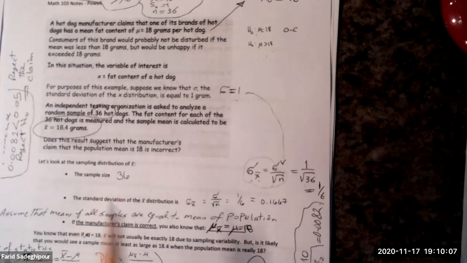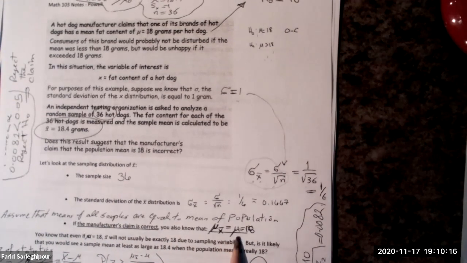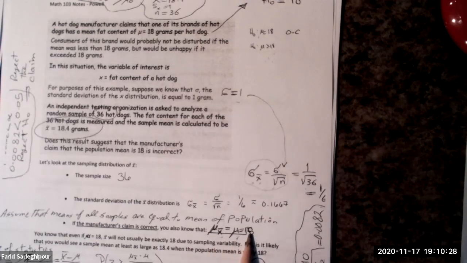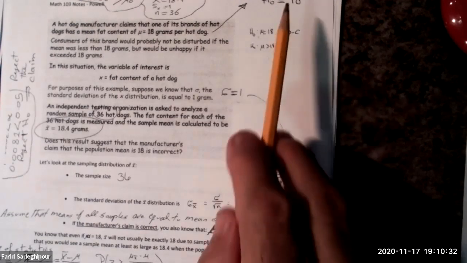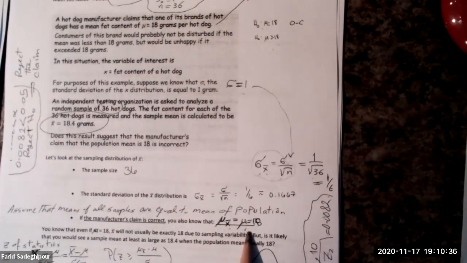Sample size is 36. Assume that means of all the samples are equal. Remember, the mean of samples is always equal to the mean of the population. So we don't have to calculate the mean of the population because when you take so many samples and you find a mean, the average of those would be equal to the mean of the population. So if the mean of the population was 18, the mean of samples also is 18.